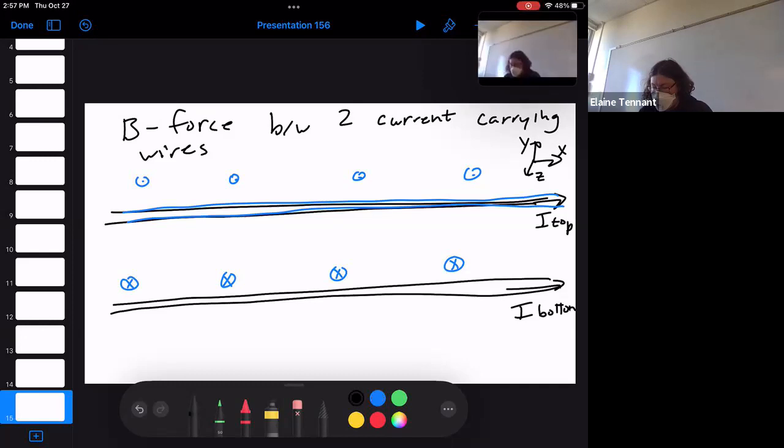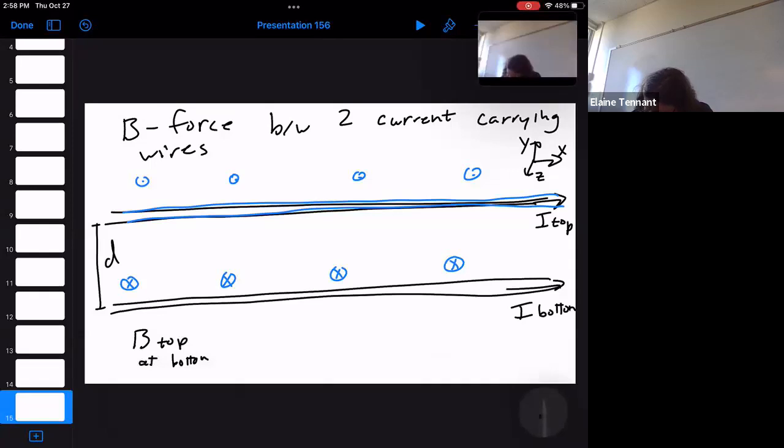And if I tell you that these wires are some distance d apart, could you tell me what the magnetic field from the top wire at distance d, at the bottom wire, will be equal to?